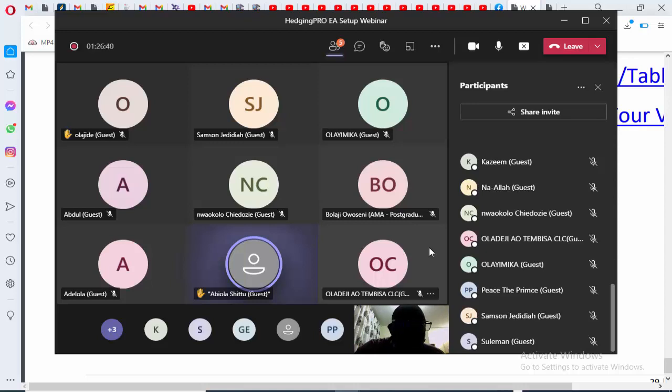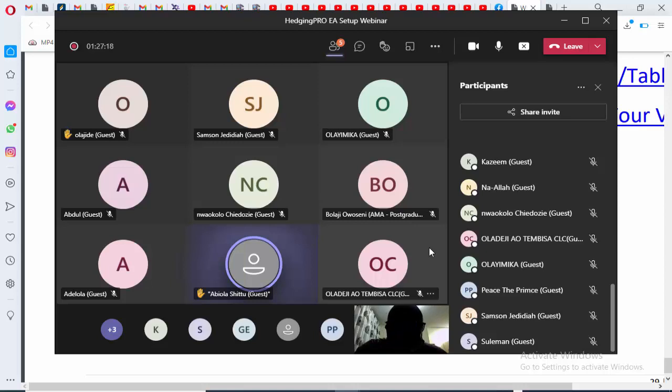I'm using a MacBook Pro, and I'm trying to install the MT4 and also put it on the AWS server, but I'm having an issue bringing this MT4 into the AWS server to set up on top of my MacBook Pro. That's one.